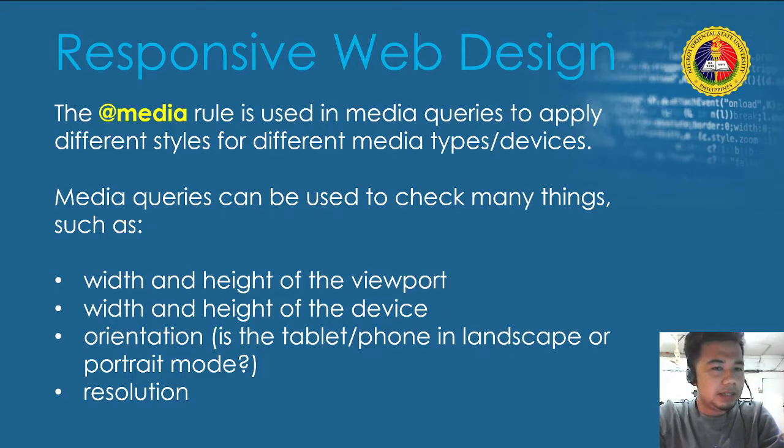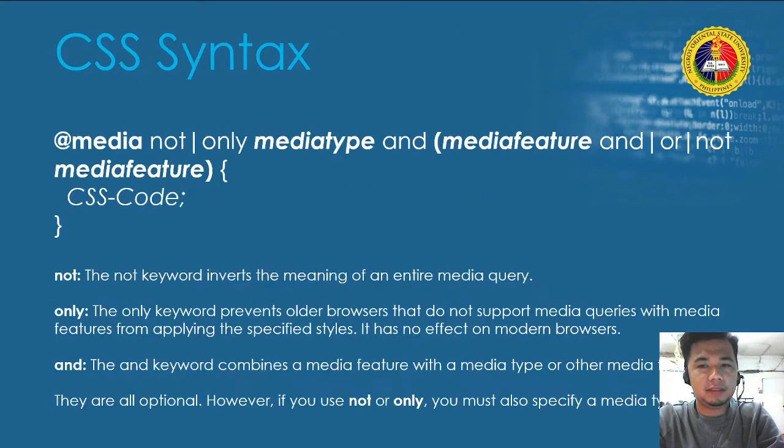The media queries can be used to check many things such as width and height of the viewport, width and height of the device, orientation, whether the tablet or phone is in landscape or portrait mode, and of course the resolution. Okay, so again, we'll be using the @media rule in CSS. For us to be able to add responsiveness to our website, there's only one thing that we're going to do. We're going to use CSS to do so.